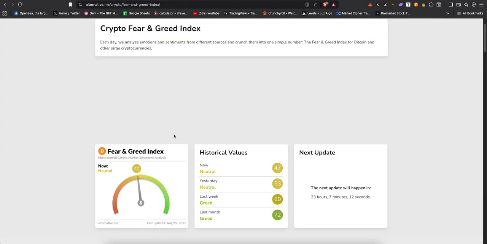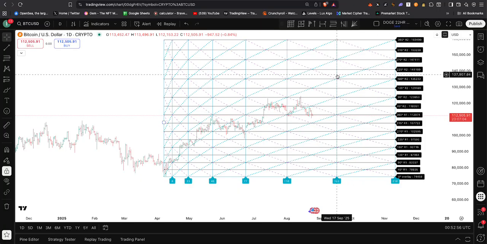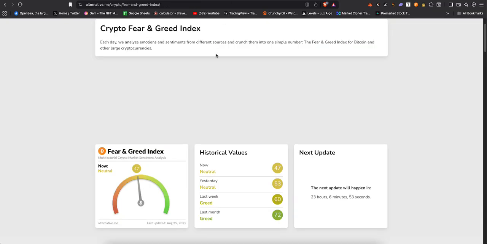Sentiment also is neutral. It's at 47. It's getting close to fear, actually, which is really interesting because BTC's only at 112. Ethereum's been doing pretty hot. SPX is doing its thing. I know this is the crypto fear and greed.